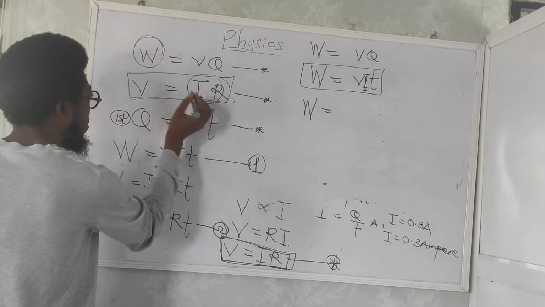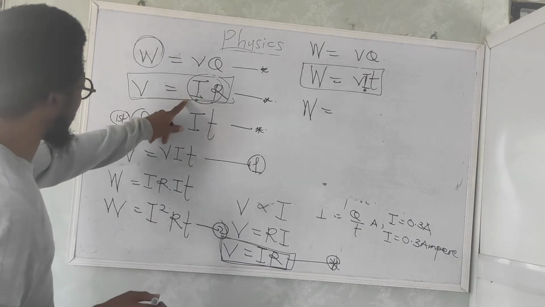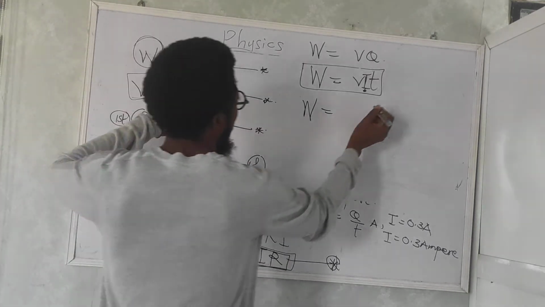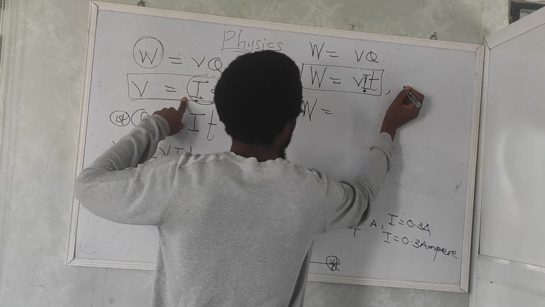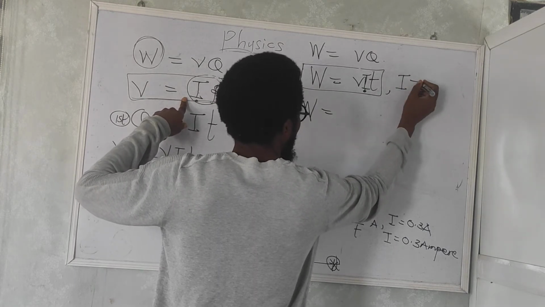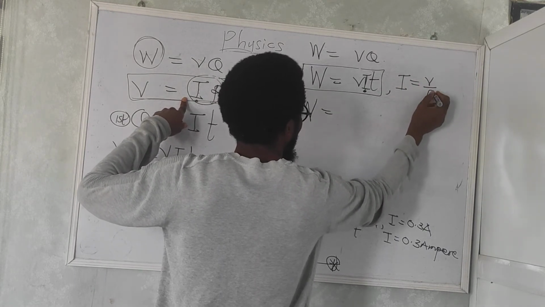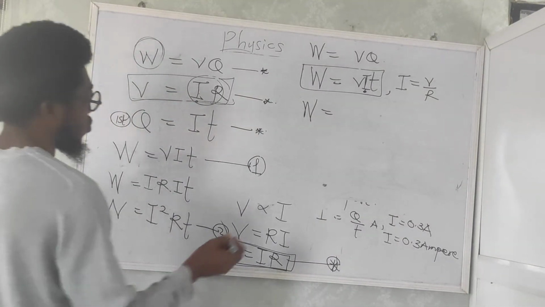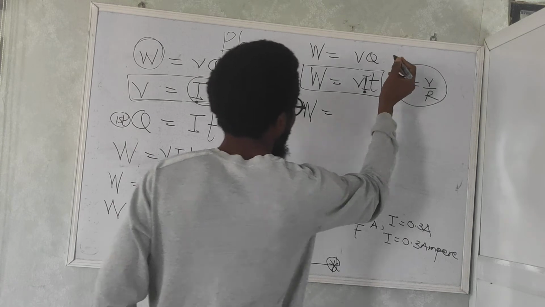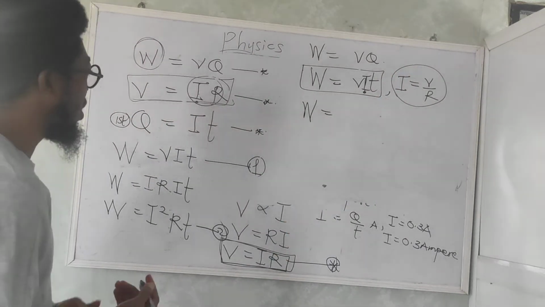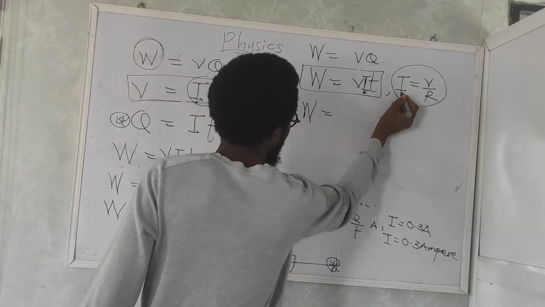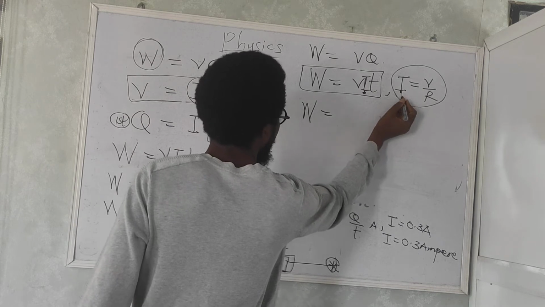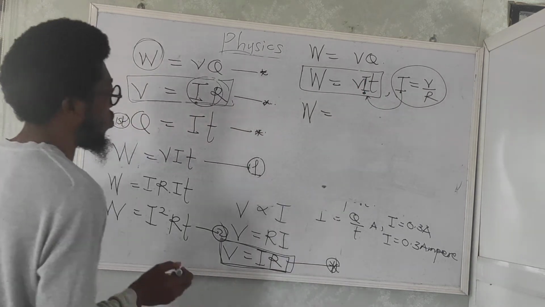So if I try to make this I subject of formula from Ohm's law, according to Ohm's law, V equals to IR, therefore I equals to V over what? Over R. So if everybody can get this correctly, then I can now know that this guy is coming from Ohm's law and it can enter into this equation.